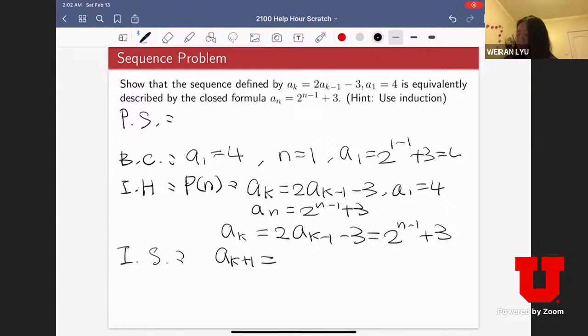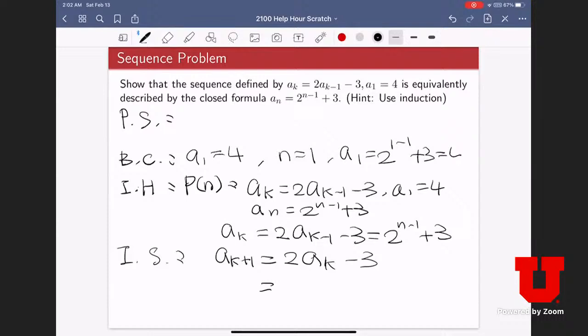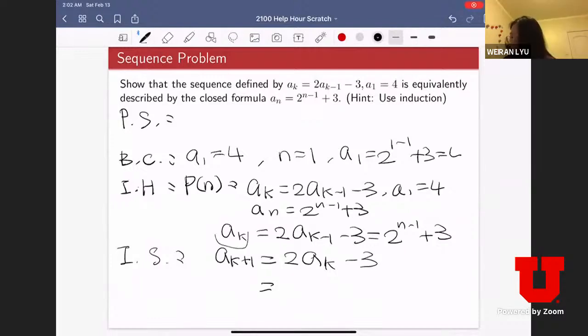Just by directly looking at the recursive formula, a sub k plus 1 would just be 2 times a sub k minus 3. And what's going to be the next step? Use your inductive hypothesis and plug in a sub k equals 2 raised to n minus 1 plus 3. Yep, exactly. And that all comes from the hypothesis.